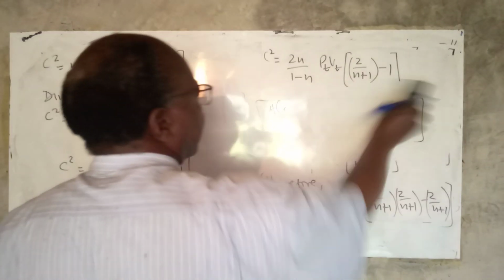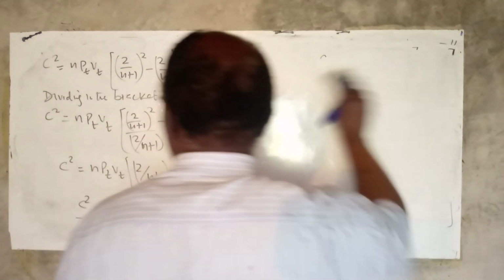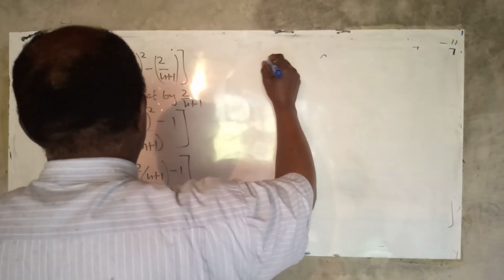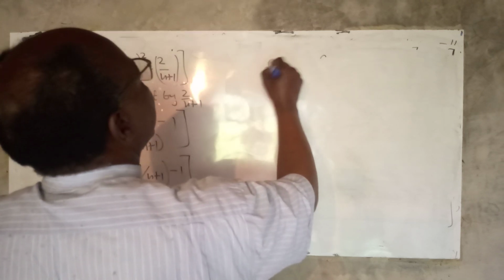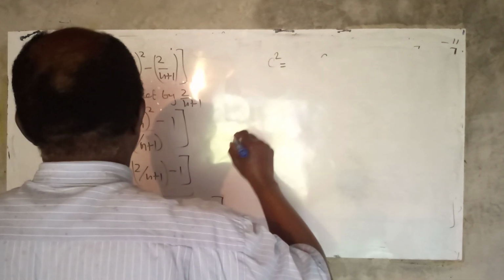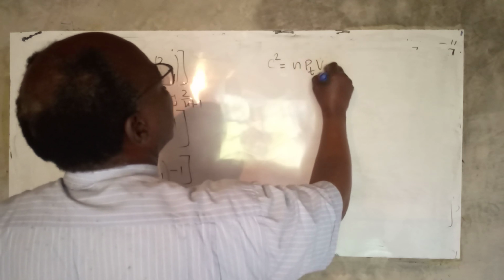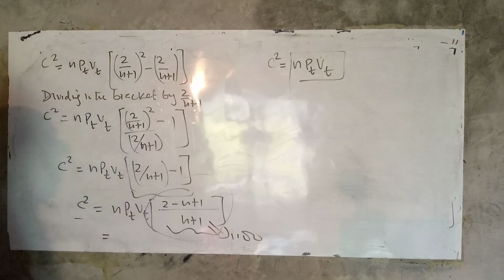And so we will have this quantity as 1, so that will be c squared is equal to n pt vt. So that quantity will have reduced to 1.